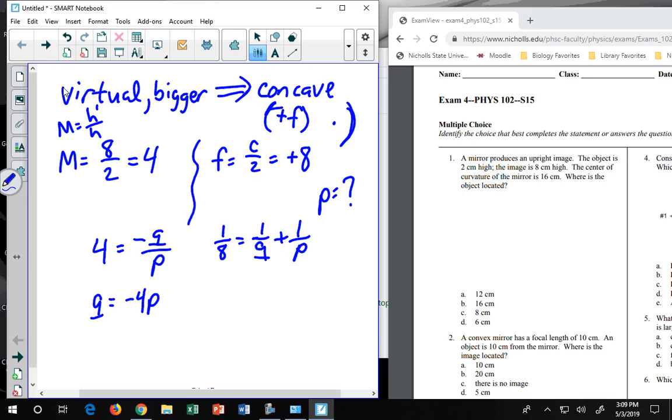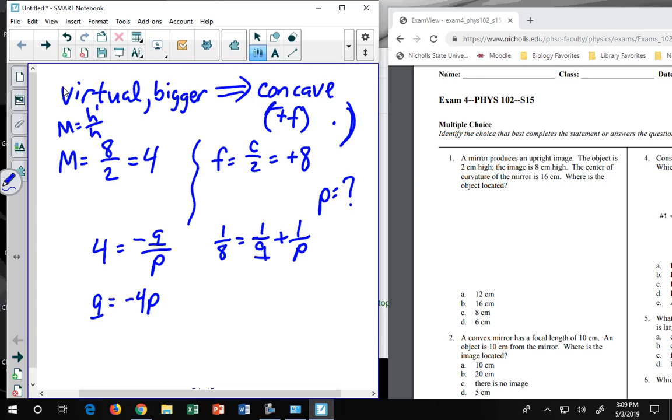And the reason I solve for Q is because I'm looking for P. So I'm going to take this quantity and plug it in up here so that in this equation I'll only have P, which is what I'm looking for, right? Where is the object located? It could go the other way. If I was looking for Q, then I would solve the magnification equation for P in terms of Q, and then I'd plug that in. You follow what I'm saying?